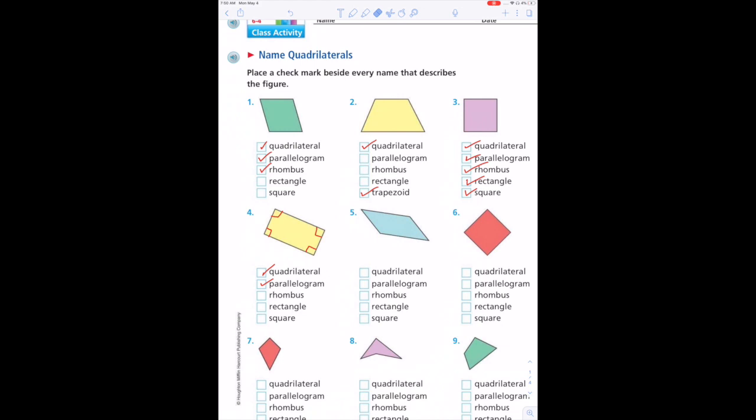So a quadrilateral parallelogram with 4 right angles is a rectangle. But is it a square? We already said that this side and this side are different lengths, right? So a square is a type of rectangle with all the same length. So it cannot be a square.